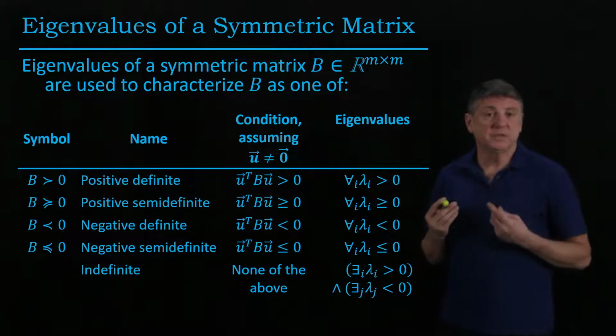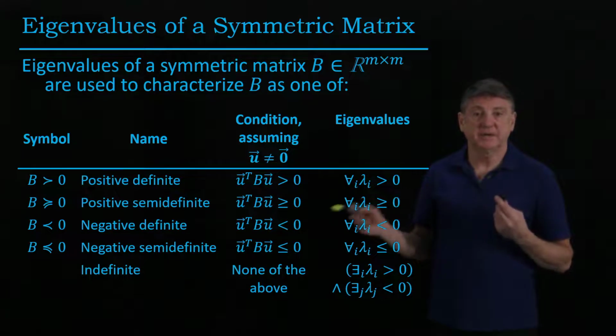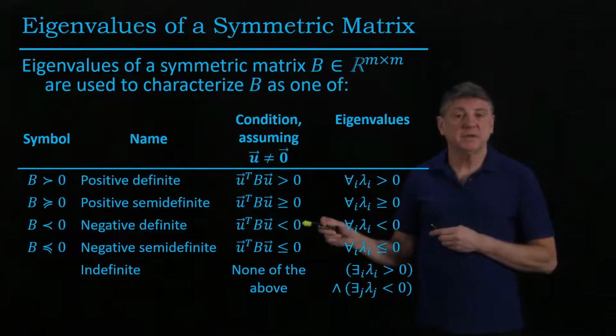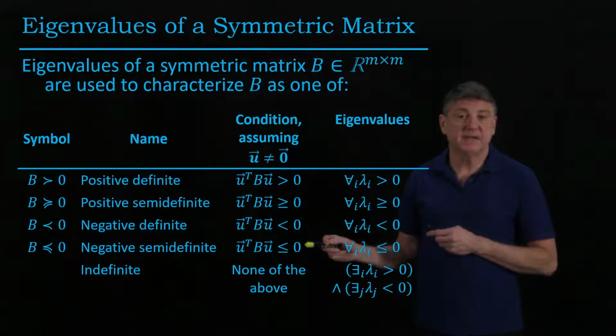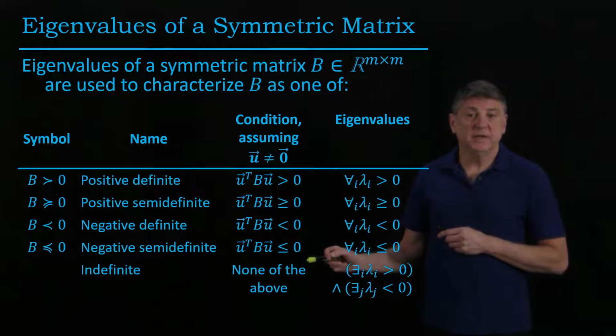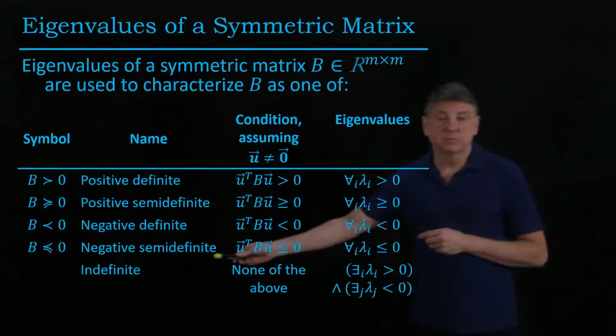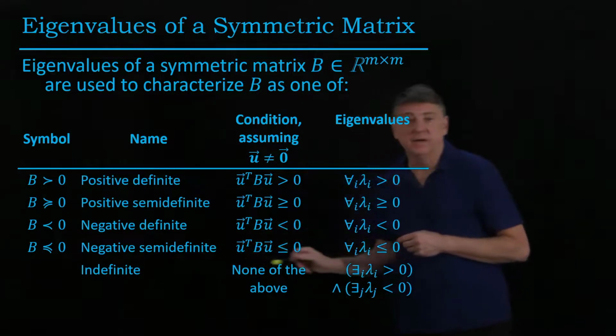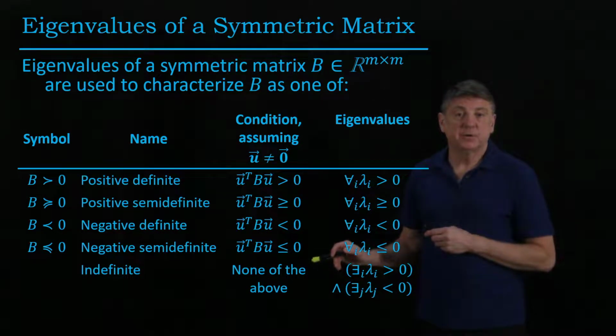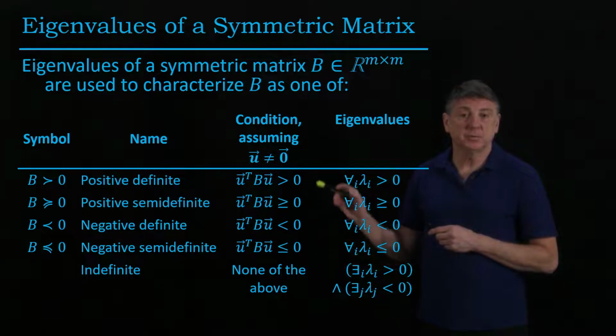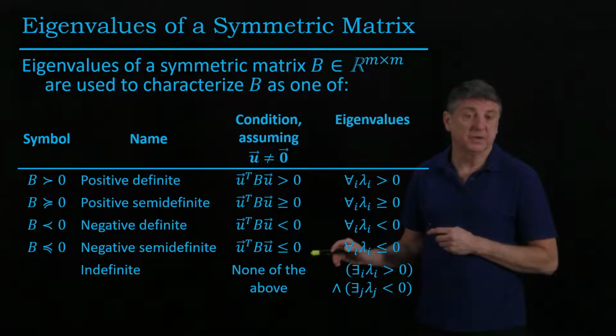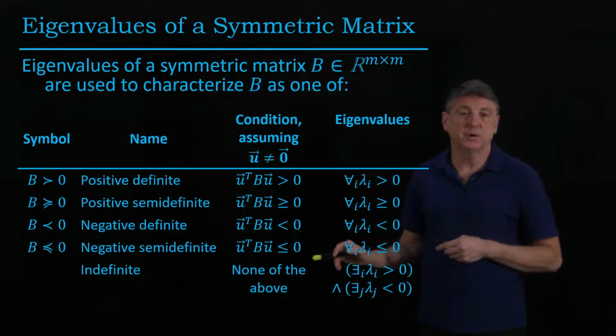We won't use these very much in linear data analysis, but there are corresponding definitions for negative definite and negative semi-definite. The one that's of note is when a matrix is referred to as being indefinite, what we mean is that there are no restrictions that we can determine on the quadratic form or on the energy term, depending on your terminology.